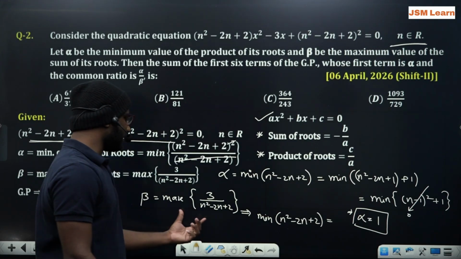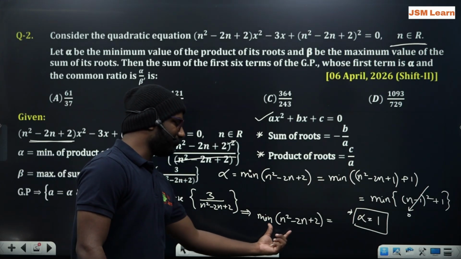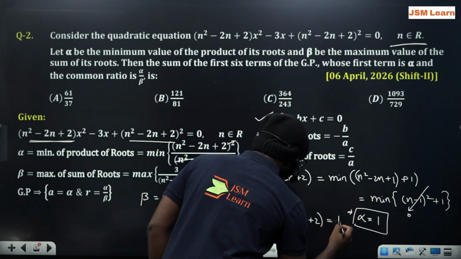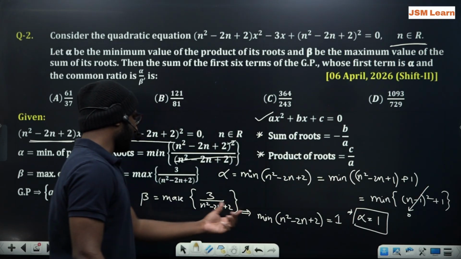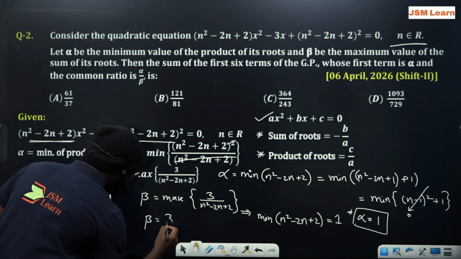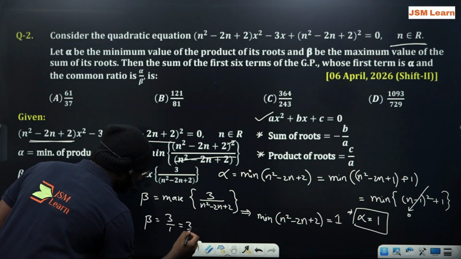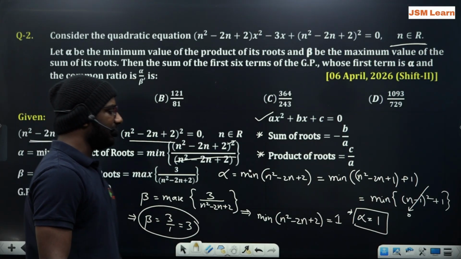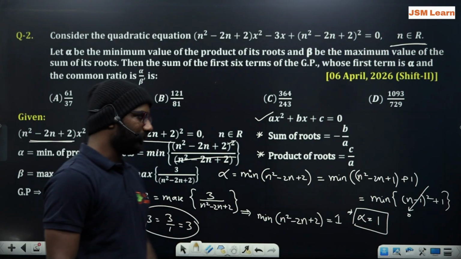So for beta also we are going to find the minimum value of this same function n² minus 2n plus 2, that is, the minimum value is 1, right? So by substituting the minimum value over here, we get 3 by 1 as the beta value, that is equal to 3. So we got beta equal to 3 and alpha equal to 1.